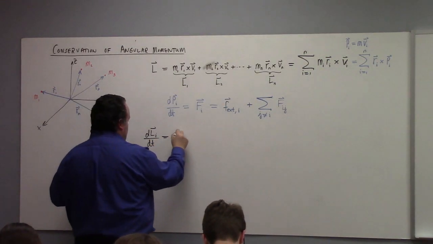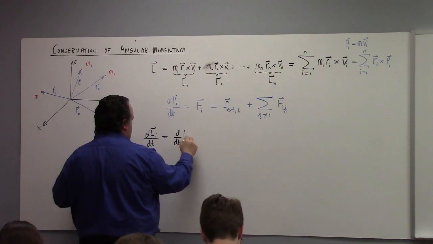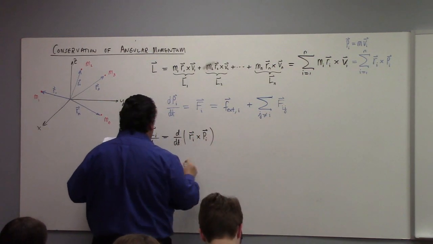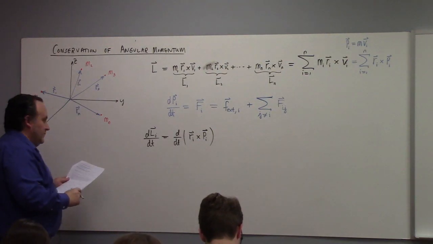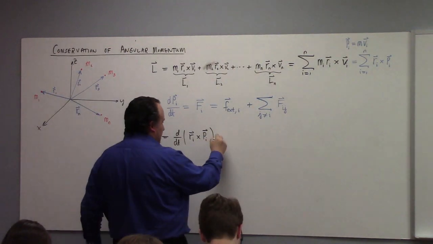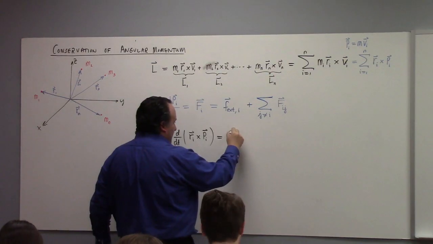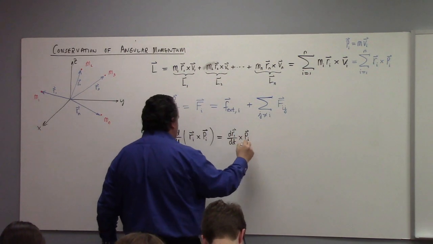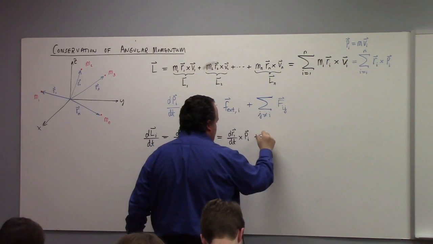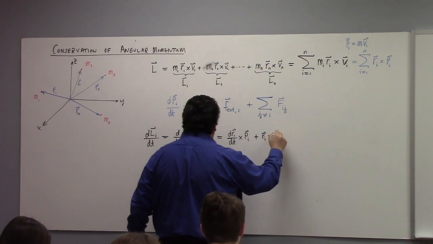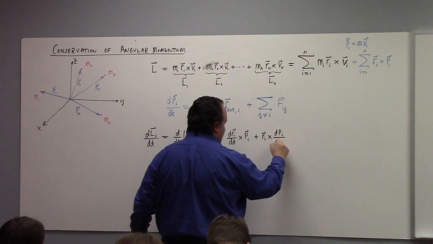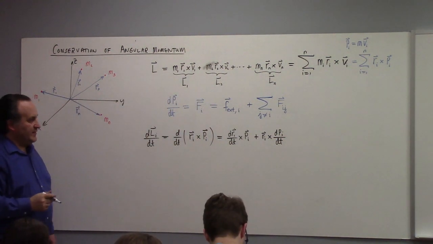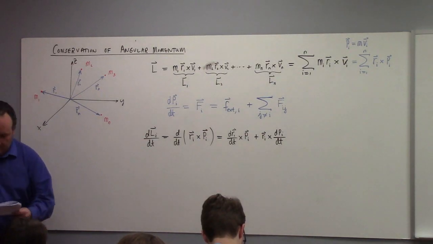This is d/dt of the ith position cross the ith momentum, which the product rule tells us is what? This is dr_i/dt cross p_i, plus r sub i cross dp_i/dt. So you guys tell me, why is that first term 0?